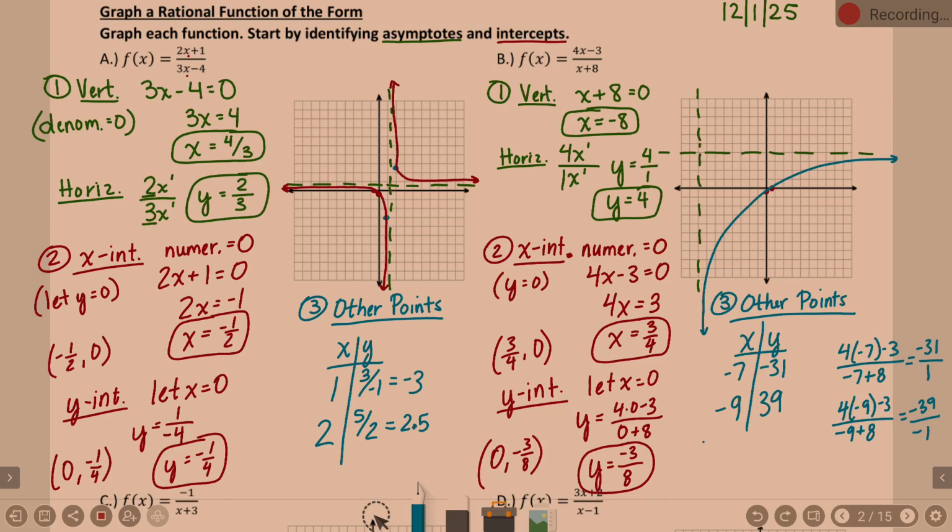At -9, 39. Can I graph 39? No, I can't, but look, -9 is going to be on the other side of the vertical asymptote. Up 39 means what? Does it put me up here where I want it to? Yeah, it puts me in that upper left corner. Now, do we have exact preciseness here? No, but I know it's in that upper left corner.